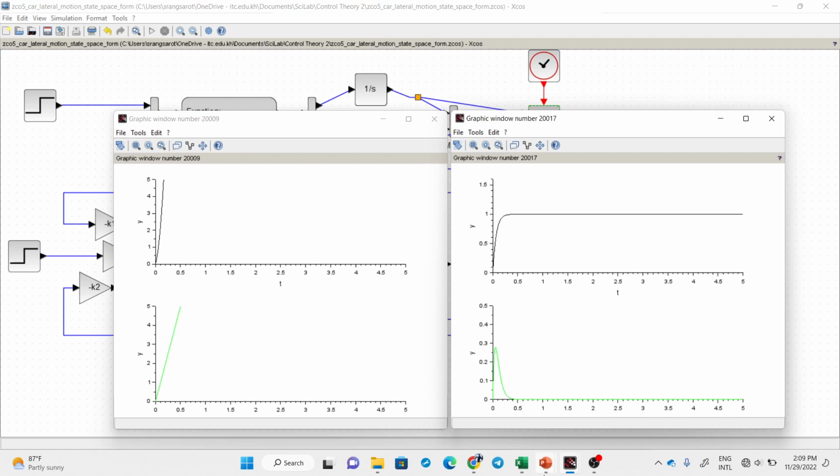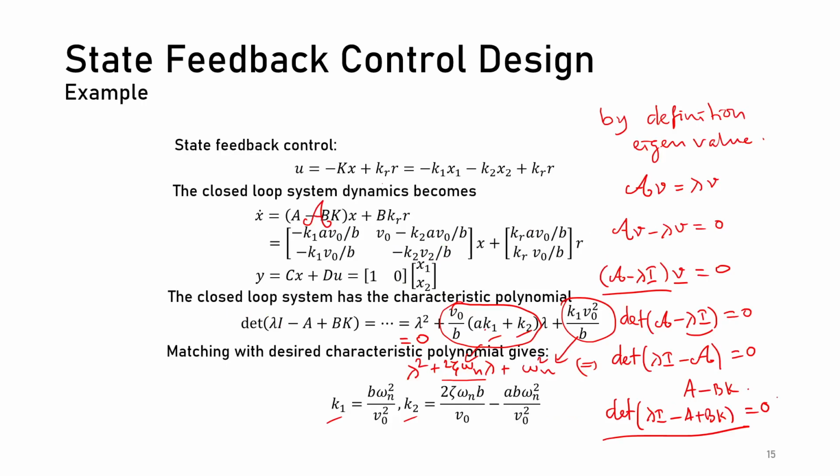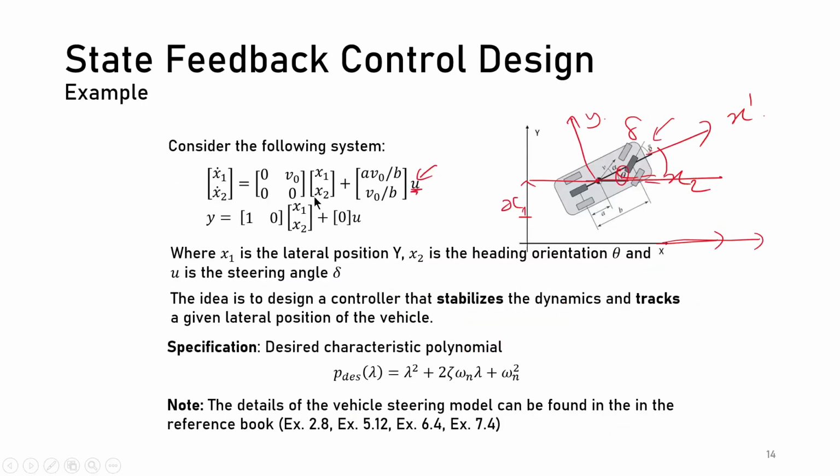If we look at the equation, H2 dot equals U times a constant, right? So H2 is just the integral of the steering angle, because H2 equals some constant times U.